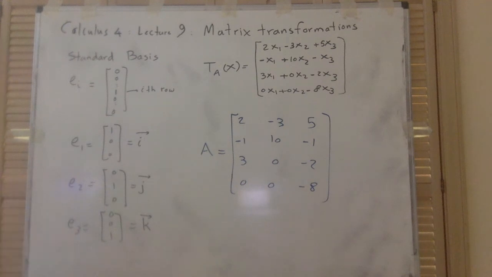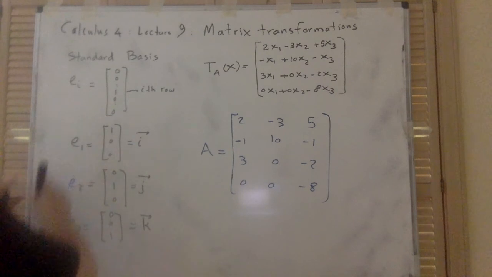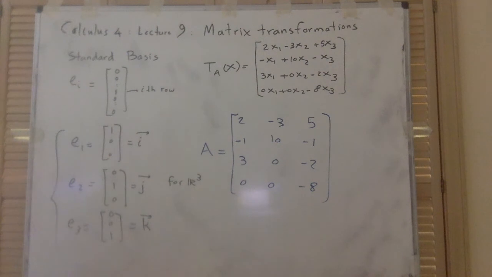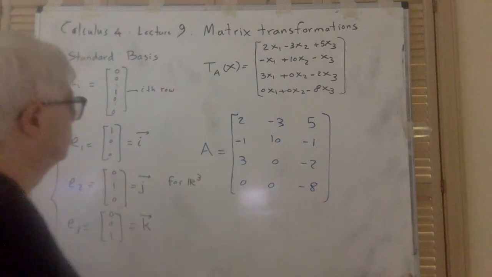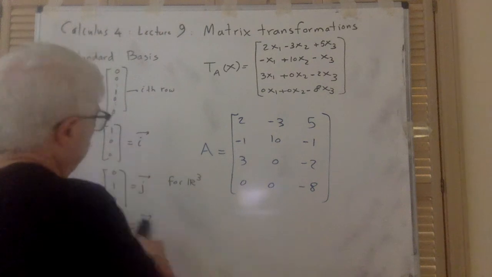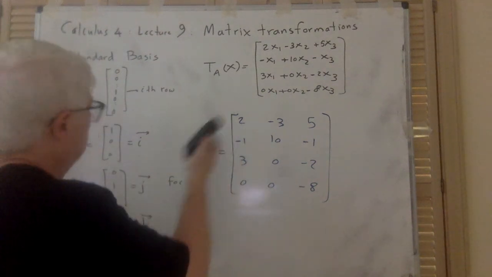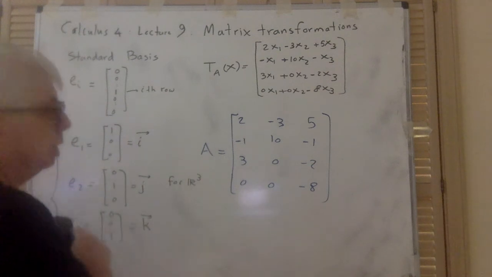So the ei's are for R3. These are in fact the i, j, k in R3. Okay. So that's one way to write it. Now let's use the ei's.